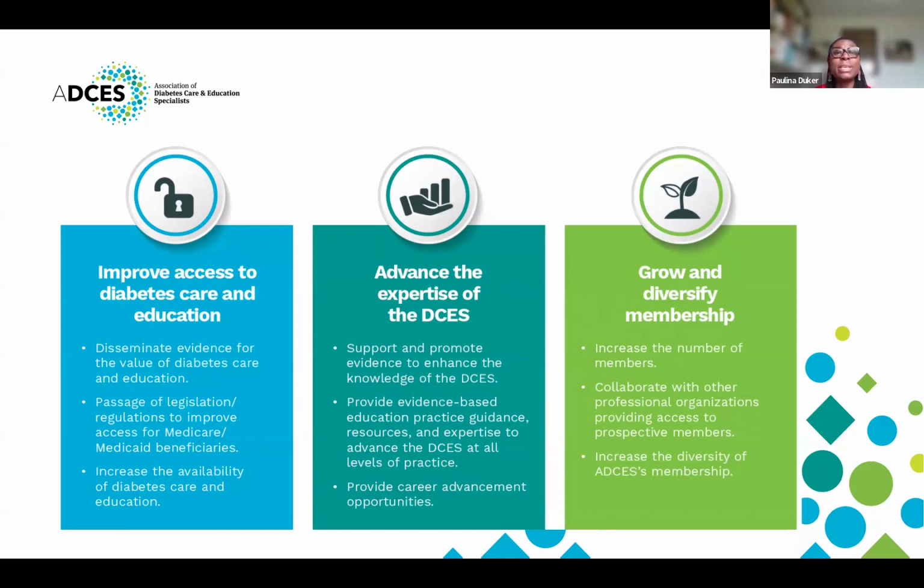And so the way we skill our diabetes care and education specialists up is important so that for people with diabetes, wherever they are receiving care, whether it's with a certified professional or not, they will have access to the best care and education. And that is why this is a big focus of ours, to advance the expertise of all levels of diabetes care and education practitioners across the board.